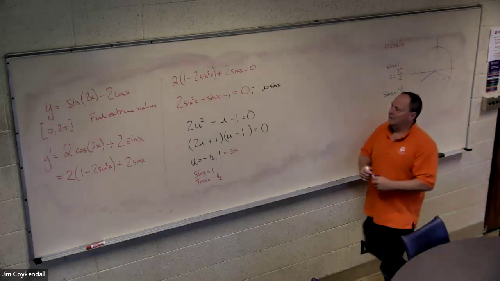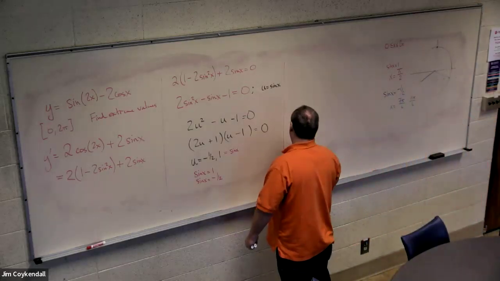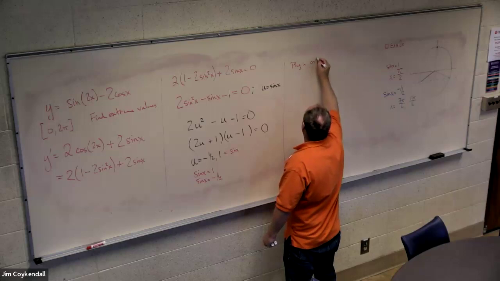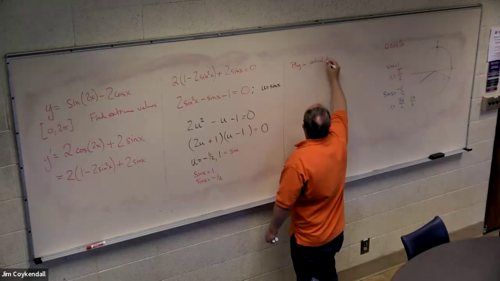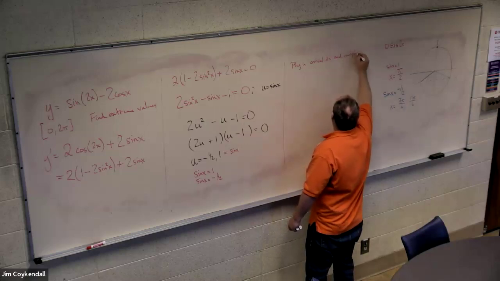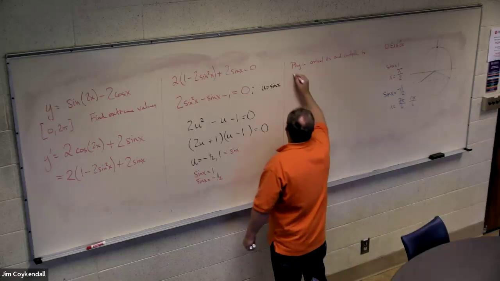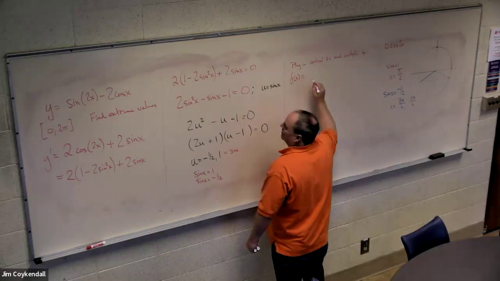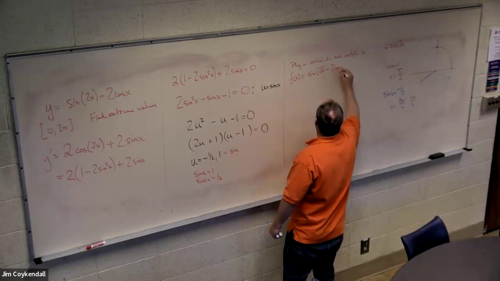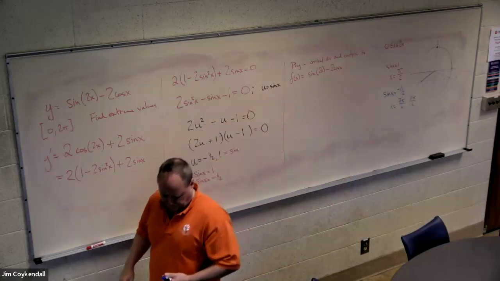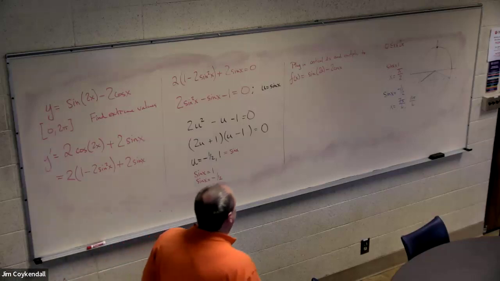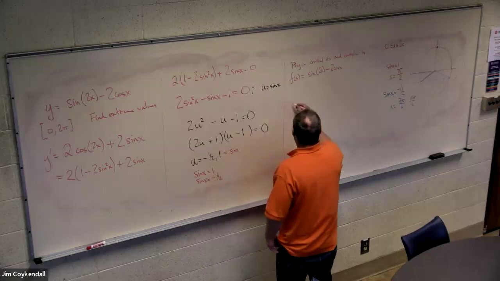So let's just call this out. f of x is sine of 2x minus 2 cosine of x. So let's take pi over 2 first.